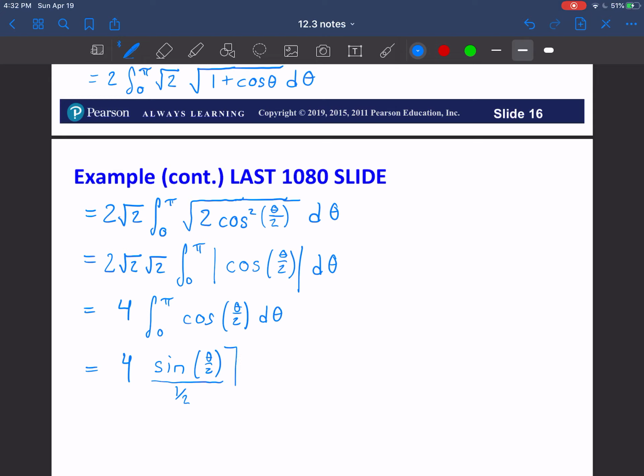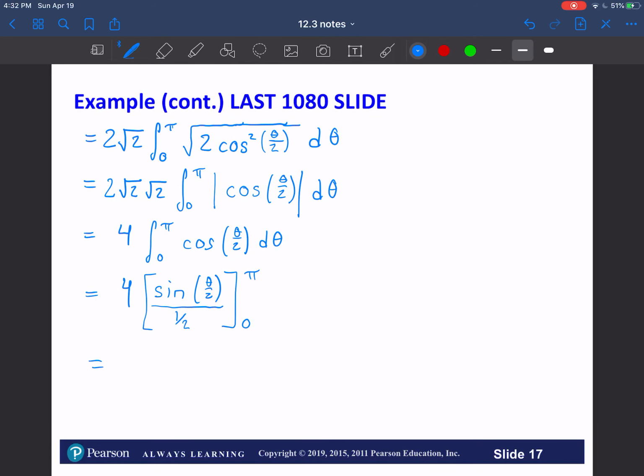And this whole thing is evaluated from 0 to pi. So we have a 1/2 in the denominator. We can make that an 8 on the outside. We would get sine of pi over 2 minus sine of 0. So 8 times, sine of pi over 2, that's 1. Sine of 0 is 0, for a final answer of 8.